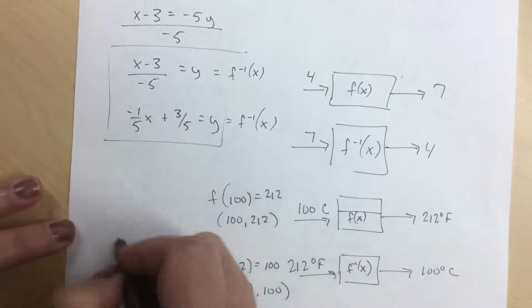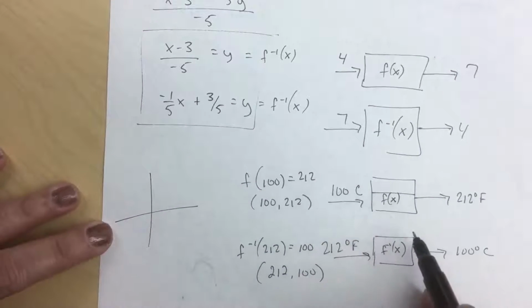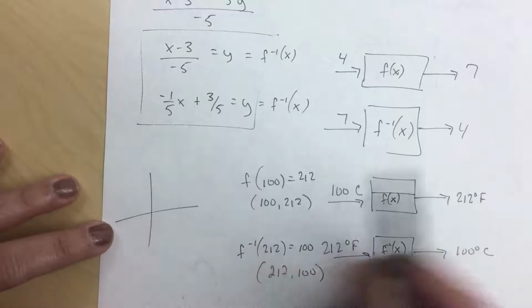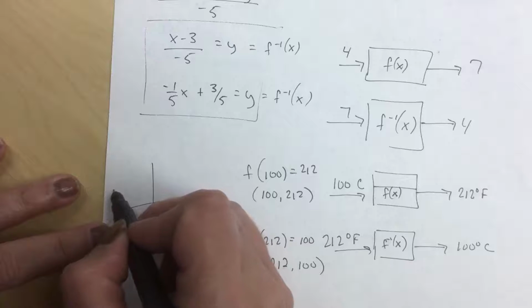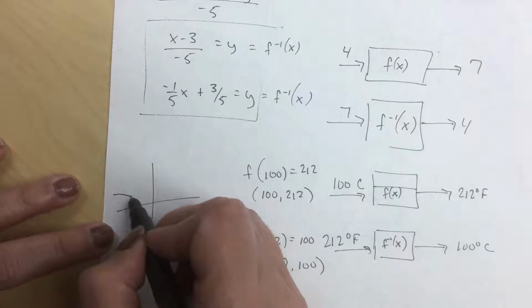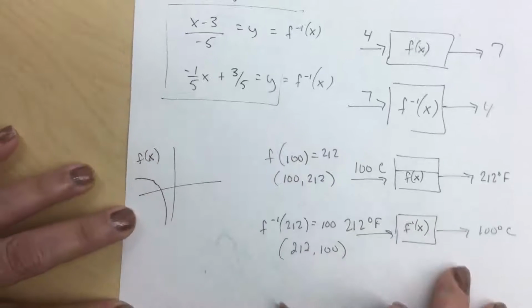So if you were to graph f and f inverse, these two are going to be lines. I'll do a different function because lines aren't quite as interesting. So let's say you have a function that looks like this. Okay, so that's f of x.